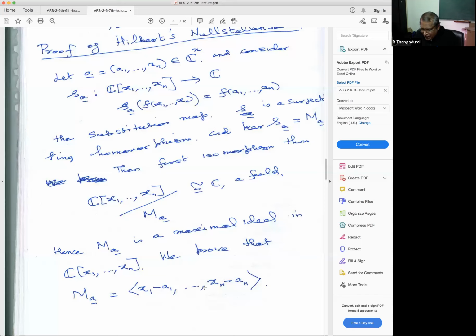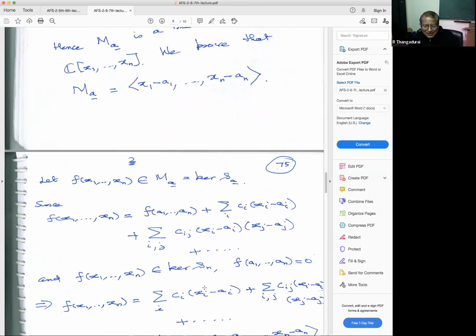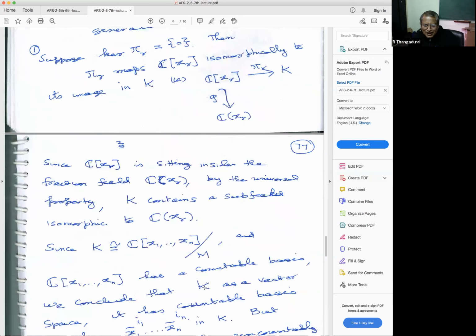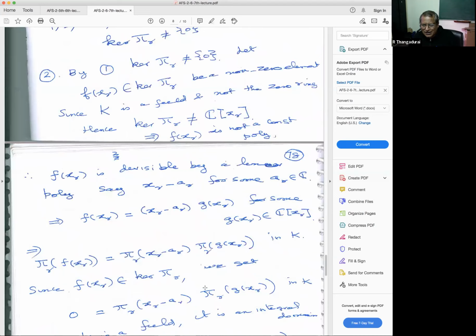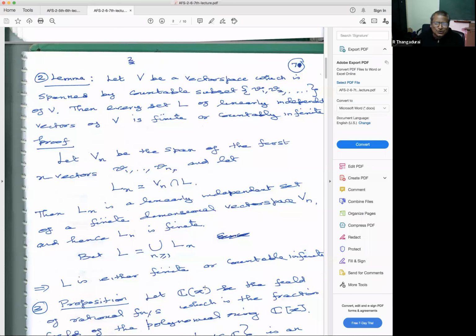First, given a point, we construct MA, generated by the linear polynomials x1 minus a1, etc., xn minus an. Similarly, given a maximal ideal, we construct a point A such that M is nothing but MA. I will not get into the proof because it is a little long and I have to come back to it. This is the first non-trivial theorem we are encountering in this course.